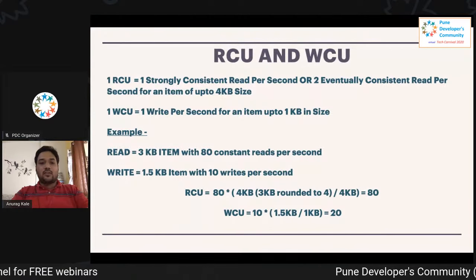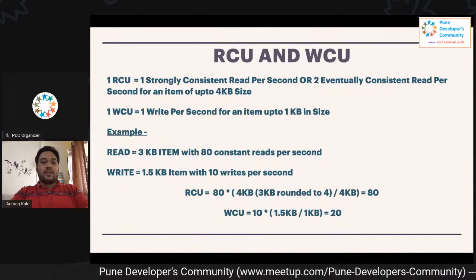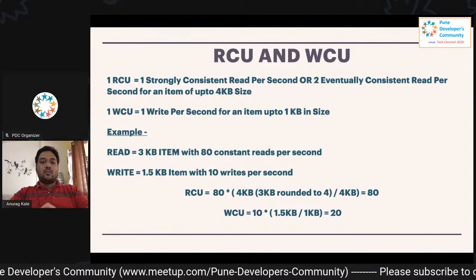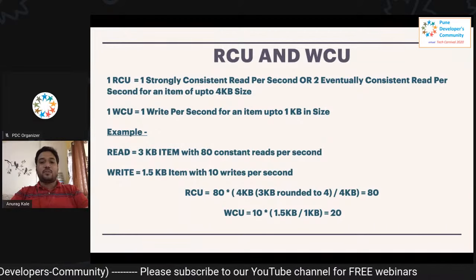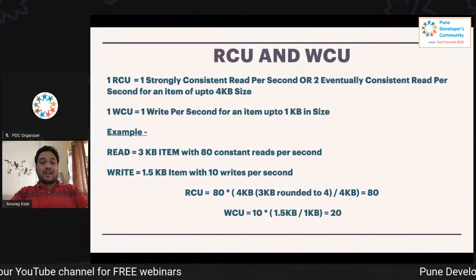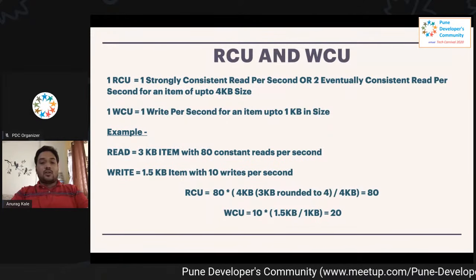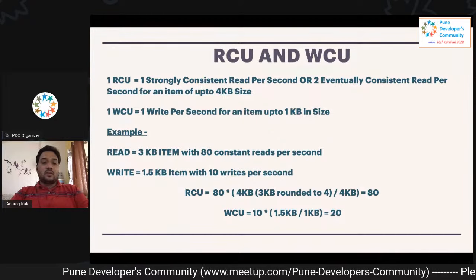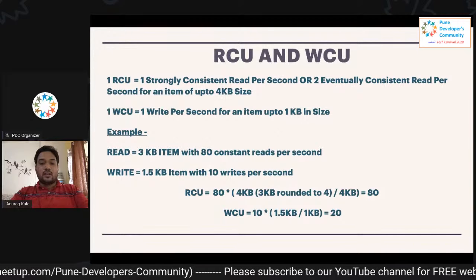Now let's say your system requirement is that each item you read is 3 KB in size, and your application requires 80 consistent reads per second. And you require 10 writes per second for each item being 1.5 KB. So the calculation is the read capacity unit will be 80, which is how many consistent reads you need.